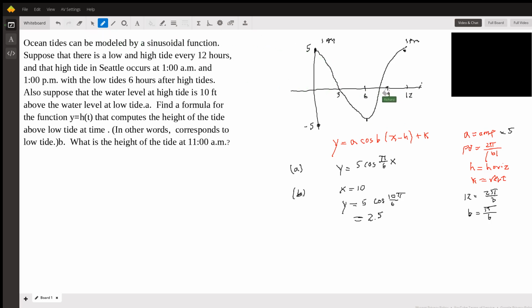Just to give you a drawing that's a little bit more to scale, what we're getting here is an answer of 2.5.